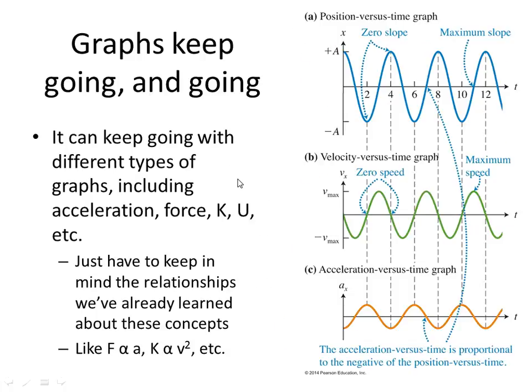Not only velocity to acceleration, but once we have just one graph, we can keep making other graphs. We can make a force time graph. Well, that's pretty much just the same as the acceleration time graph, just with different amplitudes, right? Yes? Okay, fine.